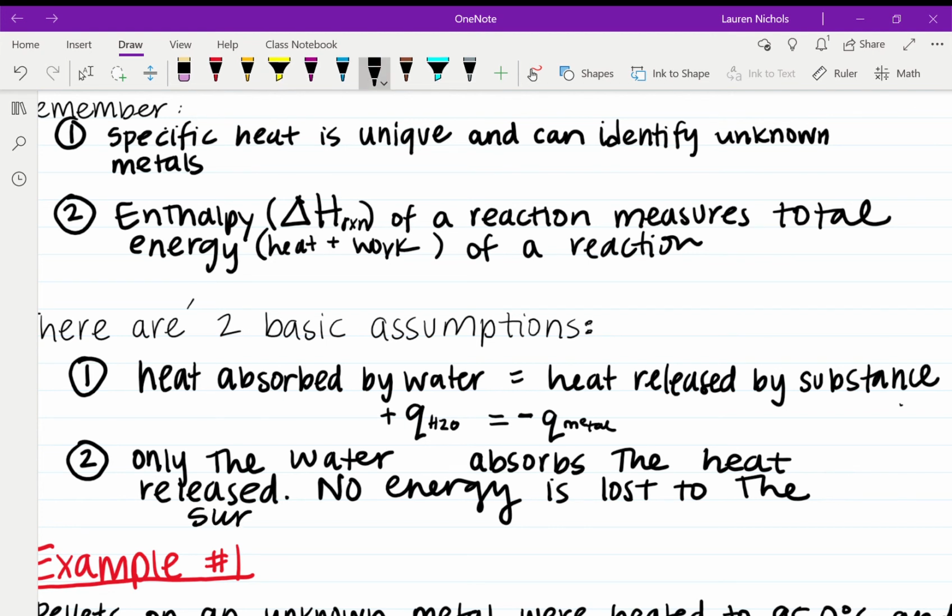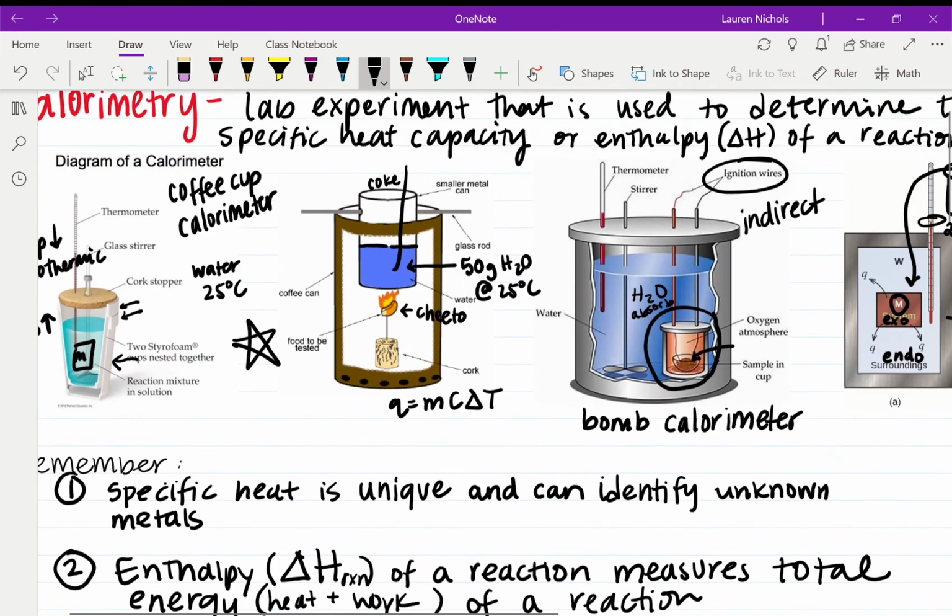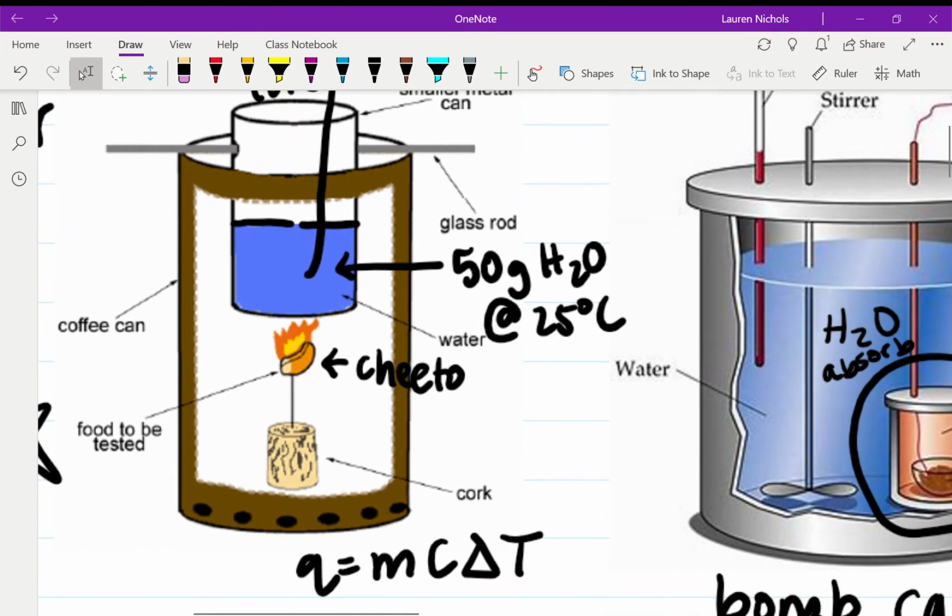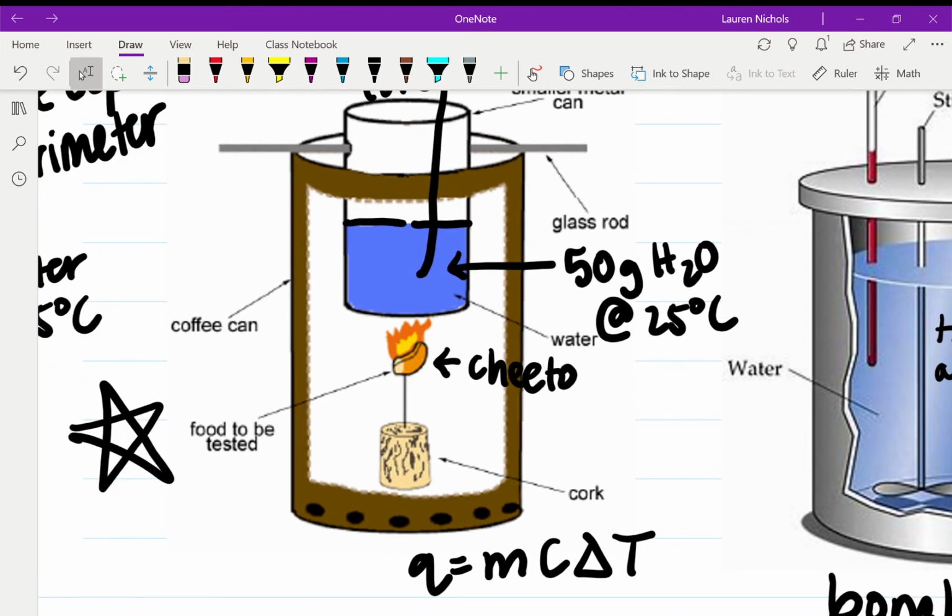And the way that this might play into effect is, for example, if we look at this one with the food, if we look at this Cheeto, we know that the heat, this fire, is going into the can and into the water, right? So in reality, we know that the air around the Cheeto is absorbing some of the heat.